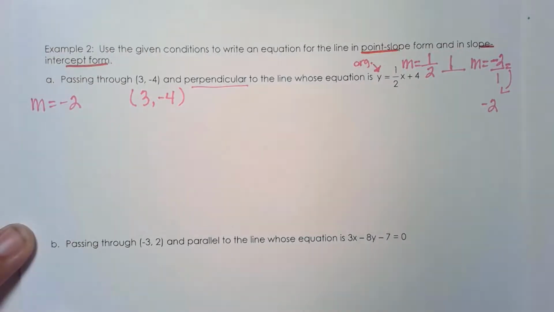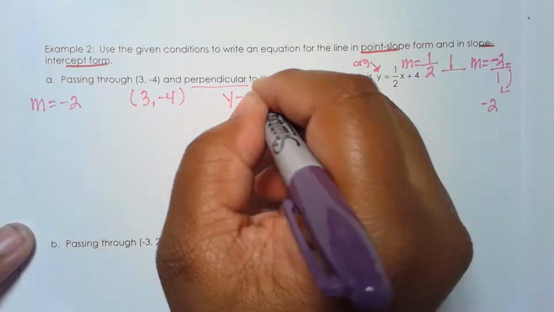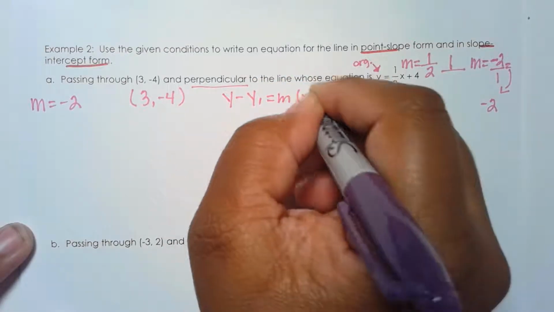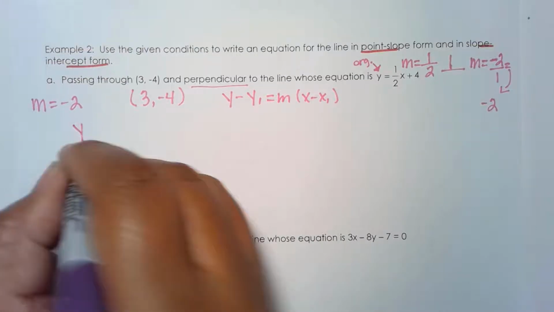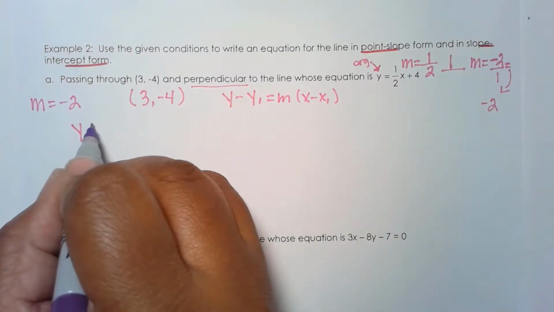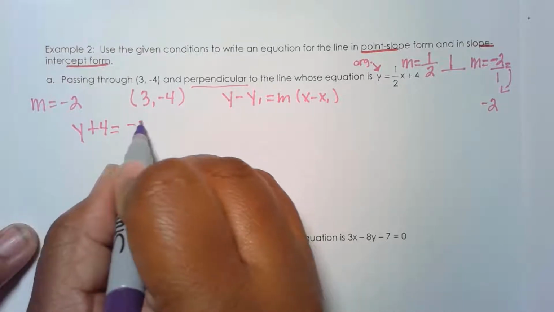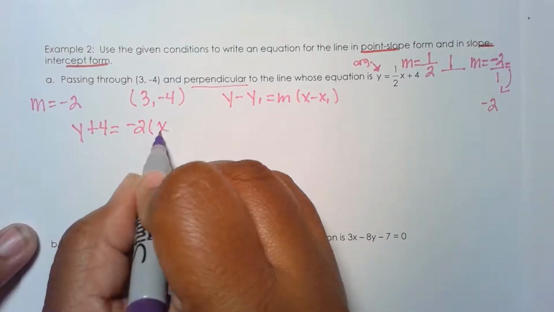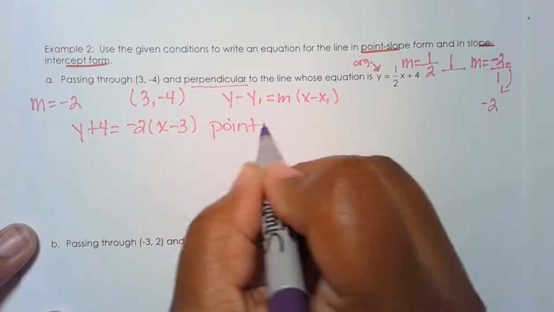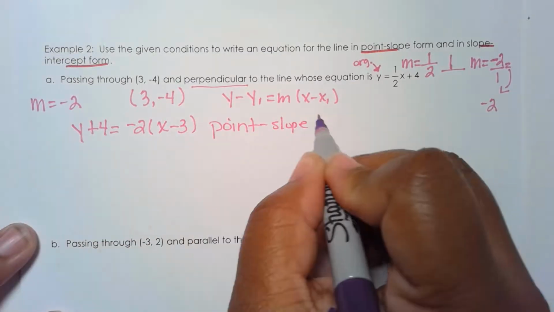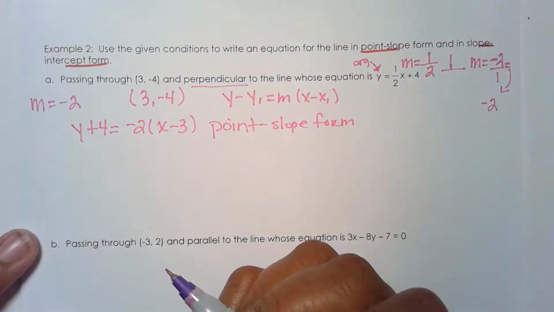So now let's use the point slope formula. We all remember that. So we have here y minus -4, that becomes y plus 4, is equal to -2 times x minus 3. This is point slope form. And then let's write our answer in slope intercept form.